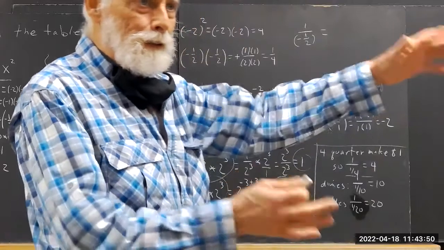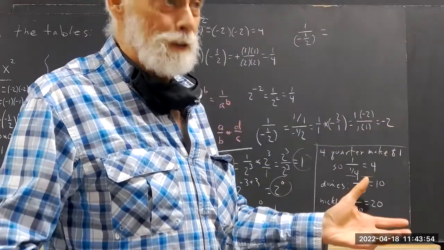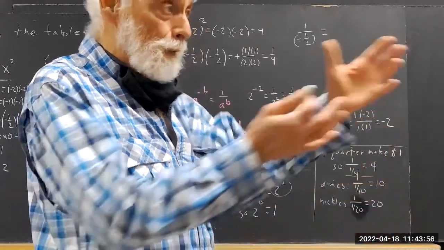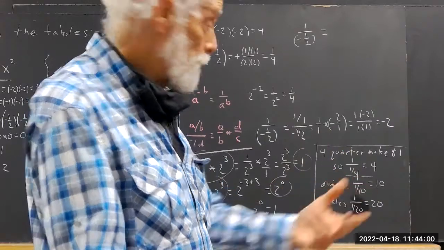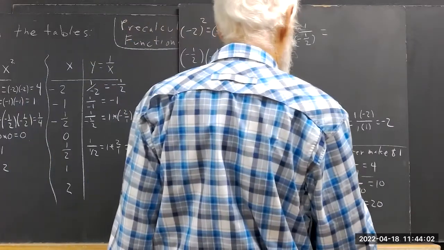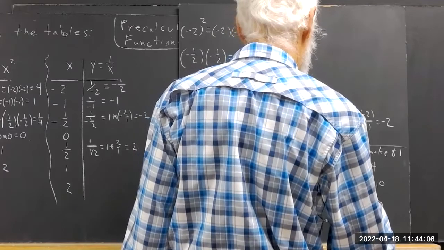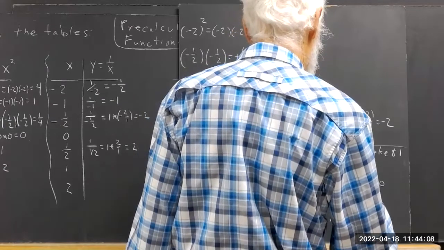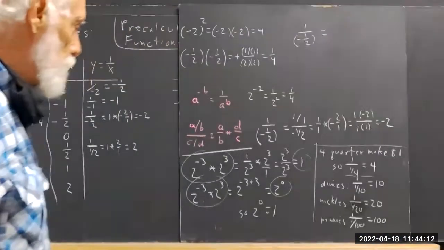If you divide $1 into nickels, you're going to need 20 of them, right? The value of $1 divided by the value of a nickel is 20, because it takes 20 nickels to make $1. And pennies, 1 divided by 1/100 equals 100.